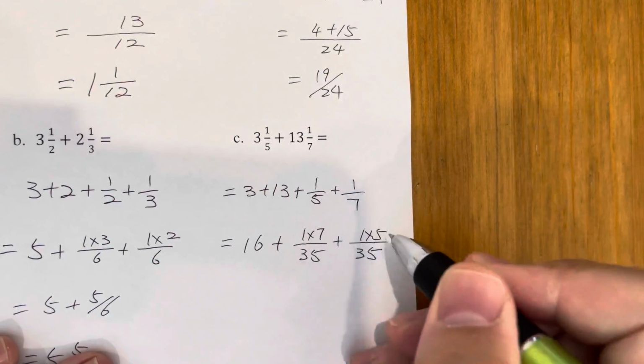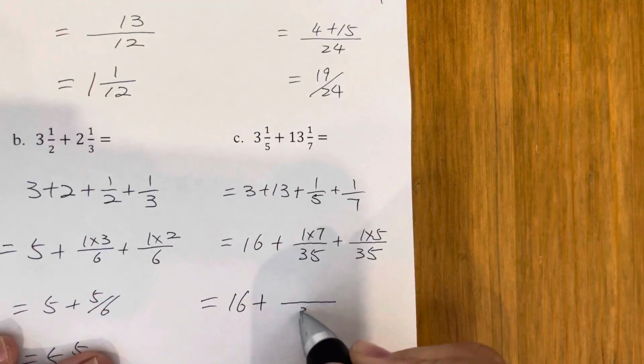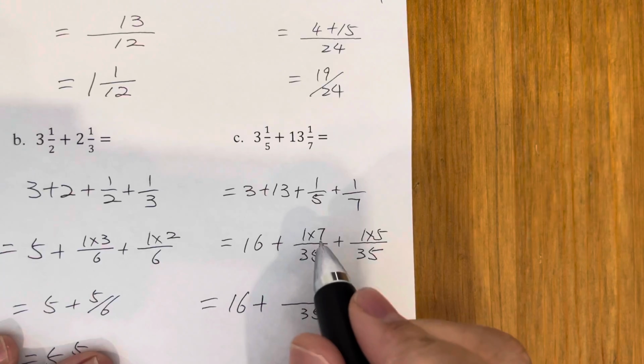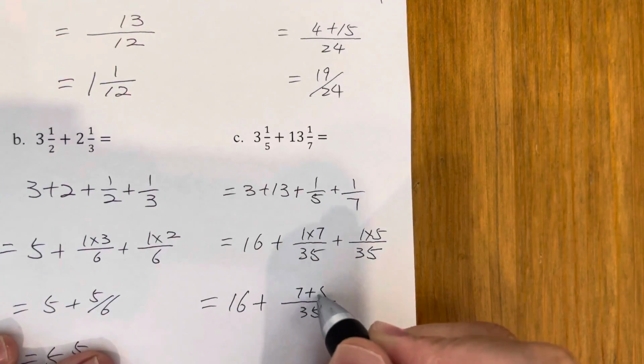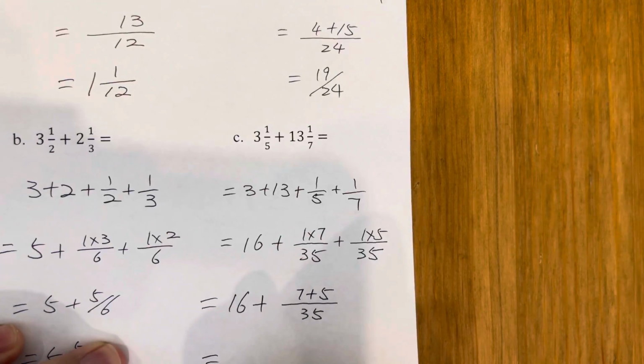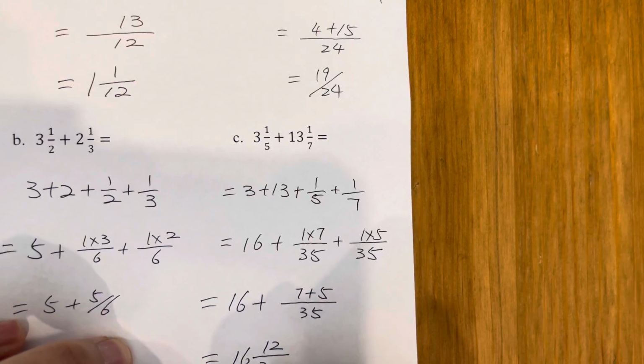So 16 plus 7 plus 5 over 35. We have 16 and 12/35.